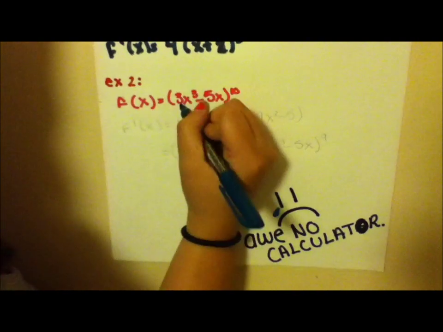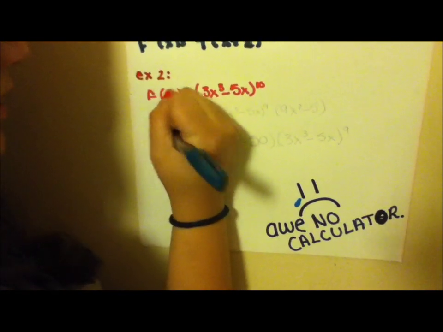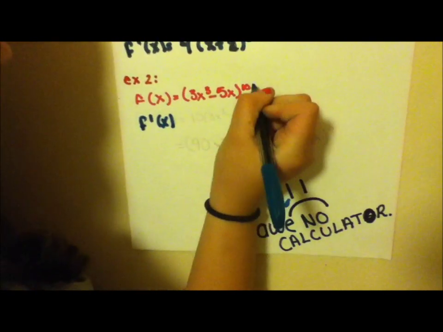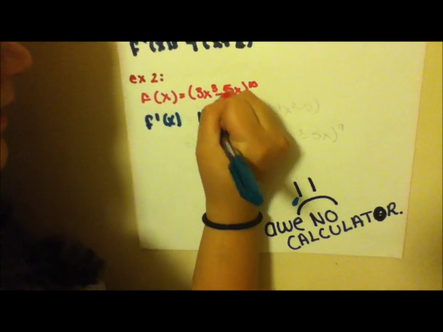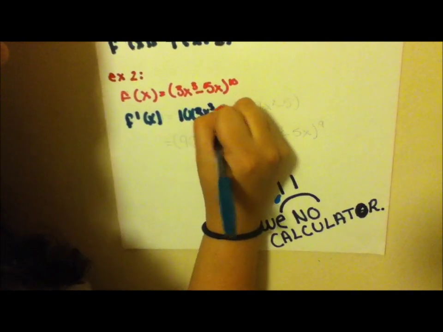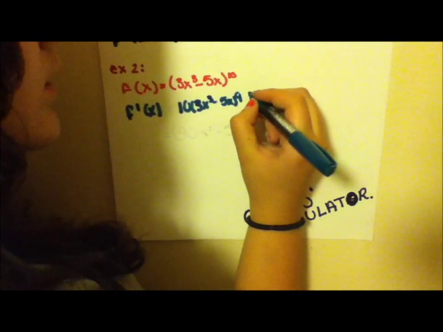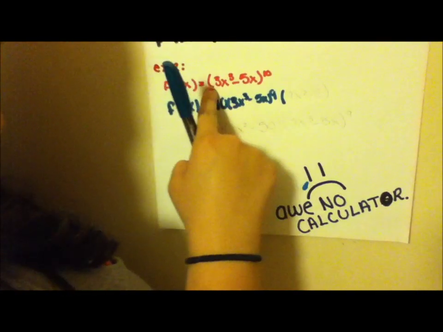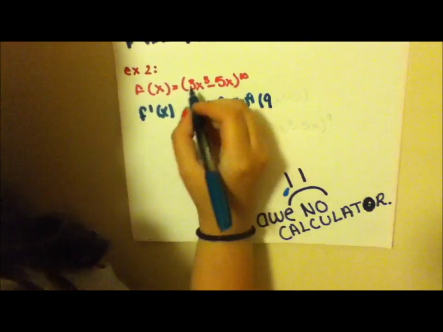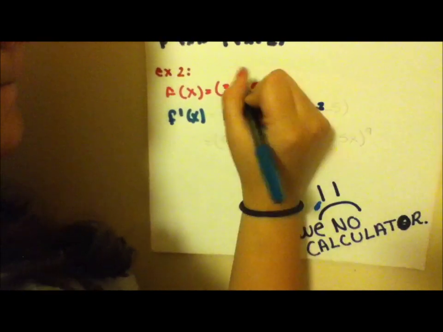If you still didn't get that, we have another chance to get it. When we have the function (3x cubed minus 5x) to the 10, we take the derivative by doing the outside, so it'd be 10 times the inside, (3x cubed minus 5x) to the 9, because it's 10 minus 1, times the derivative of the inside. 3 times 3 is 9 x squared, minus 5.